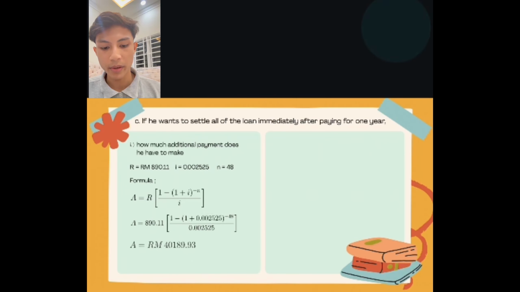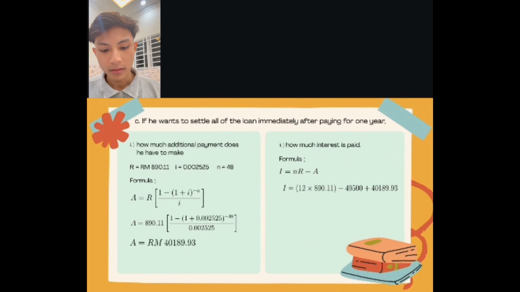So the additional payment required to settle the loan after 1 year is 40,189 ringgit and 93 cents. Next, for C2, I need to find the total interest paid. For this part, I use the interest formula, I equals NR minus A, where I is the total interest, N is the number of payments, R is the monthly payment, and A is the loan amount.